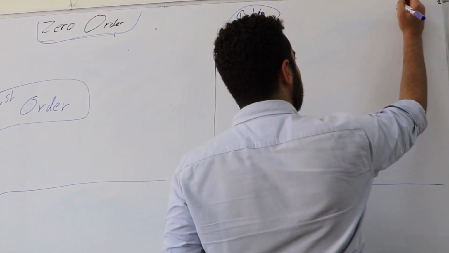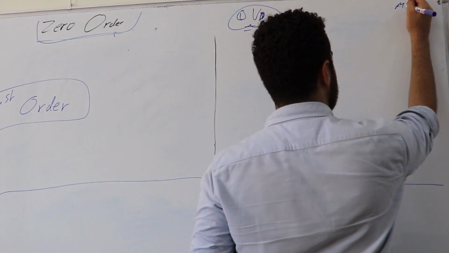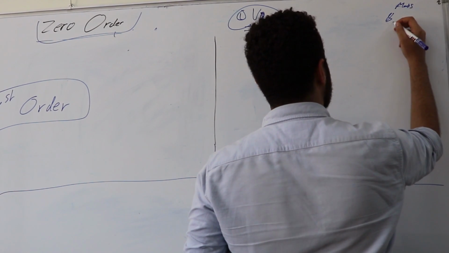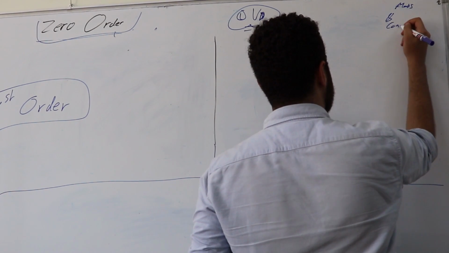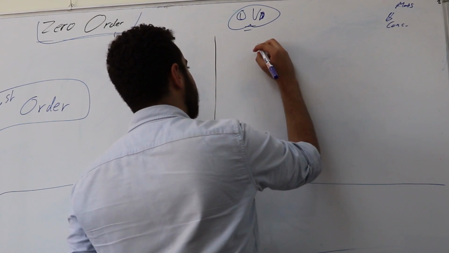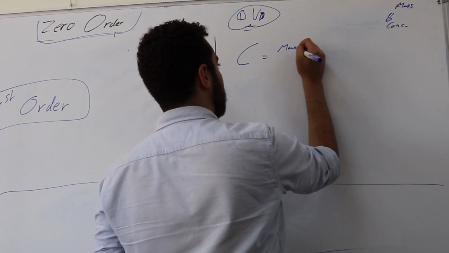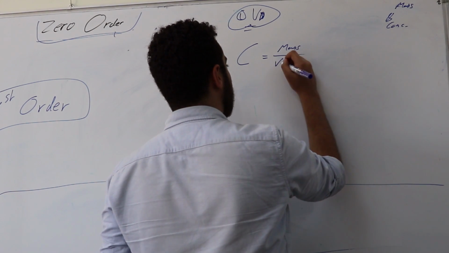You would find out a volume using the mass or the amount, and also the concentration. The equation for any concentration is: concentration equals the mass or the amount divided by the volume.